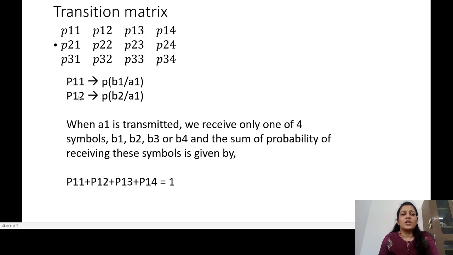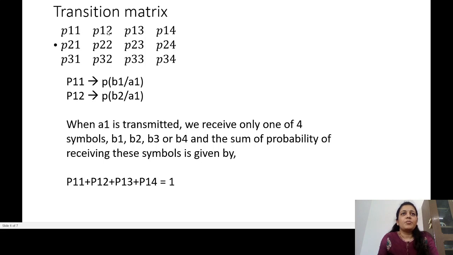So with these notations, P11 is in general Pij, because the first index is for i and the second is for j. Similarly, in the second term, the 1 is for i, that is A1, and the 2 is for j, that is Bj, which is B2.